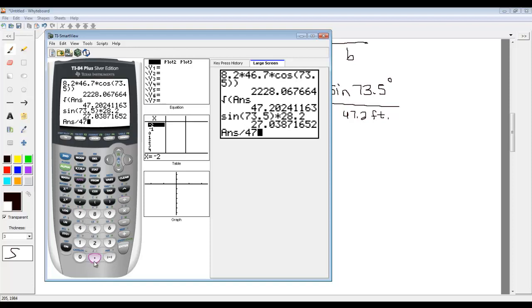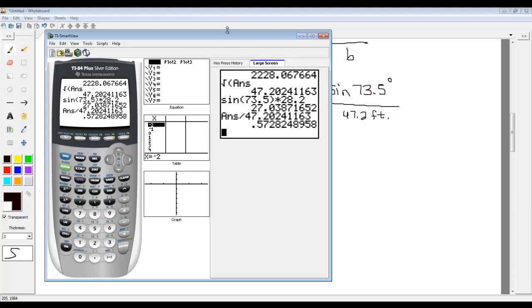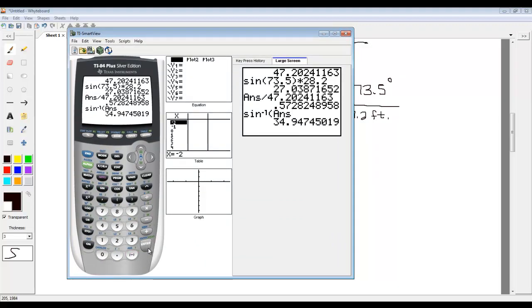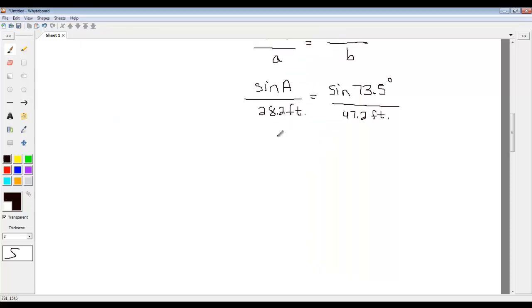I'm going to put a little more in there because that was rounded from the answer I had gotten. Okay. And that's what sine A equals. So then do the inverse sine of that answer, and you get around 34.9 degrees.